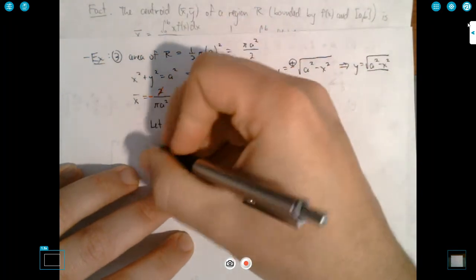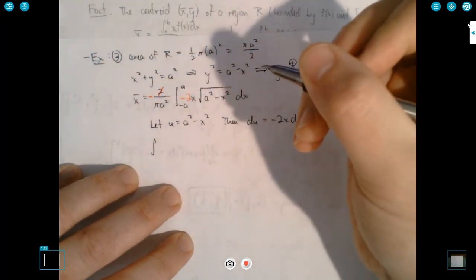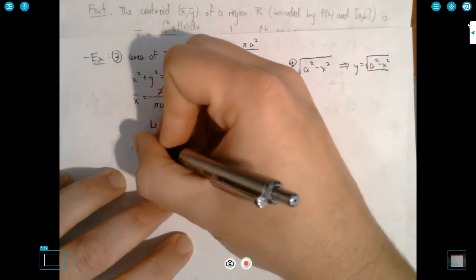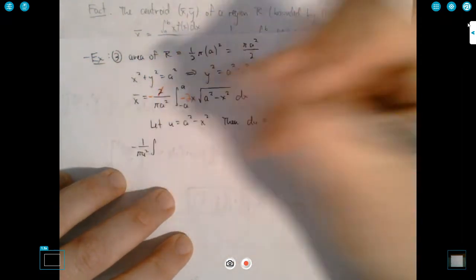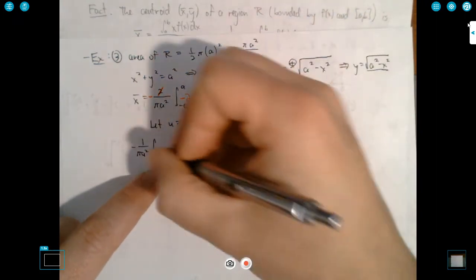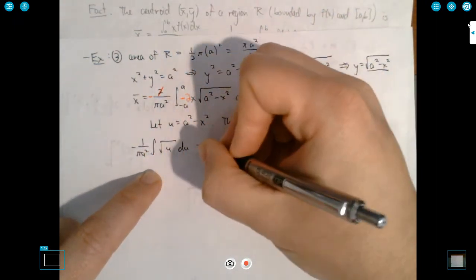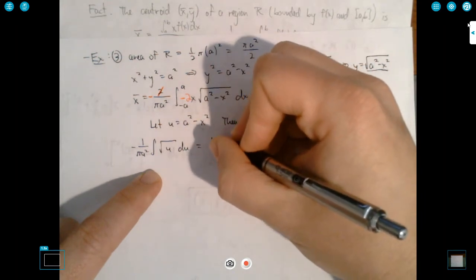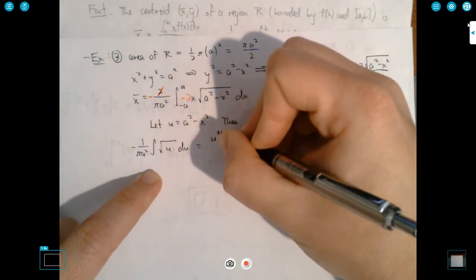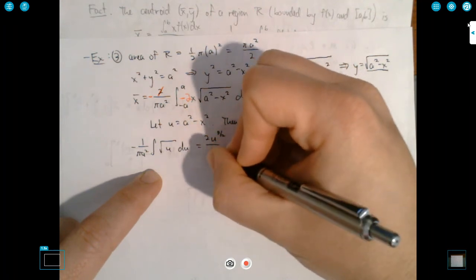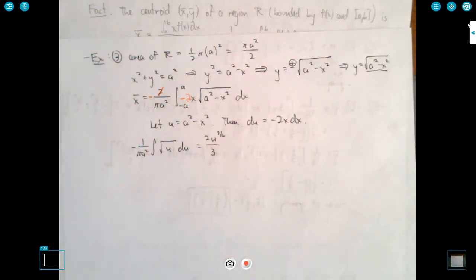So I'll have the negative 1 over pi a squared times the integral of square root of u du. So that's going to be u to the 3/2 divided by 3/2. So I guess I should have just said 2/3 u to the 3/2.